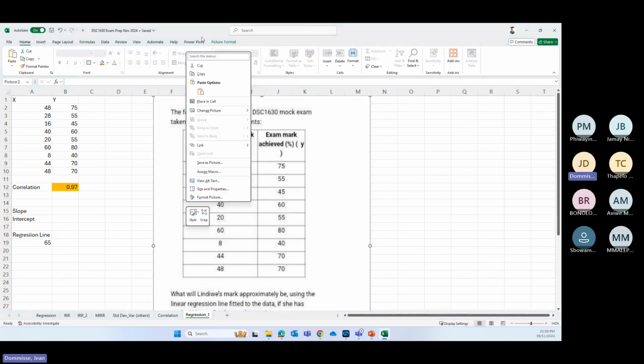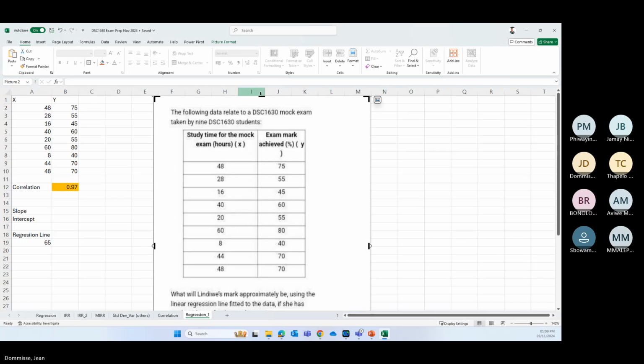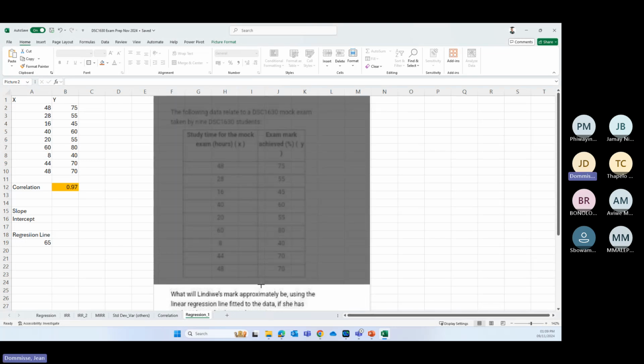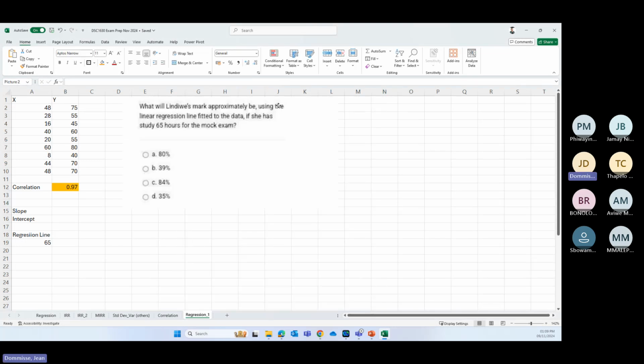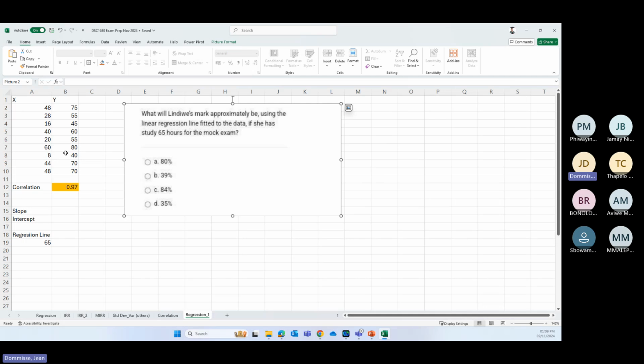Because again, not gonna bash anyone, but we know sometimes they might just swap one or two around because you think it is exactly the same. Okay, so we've got the correlation.